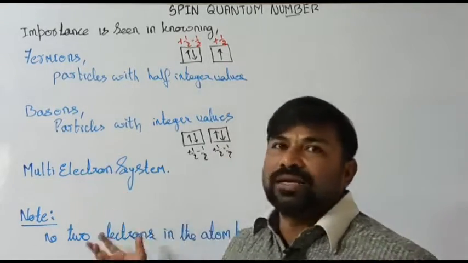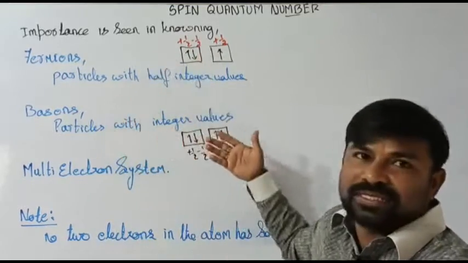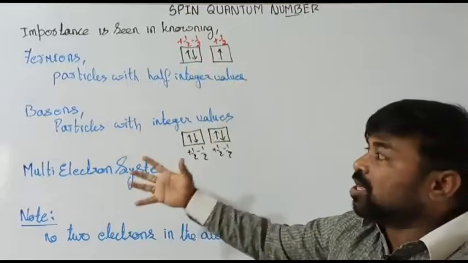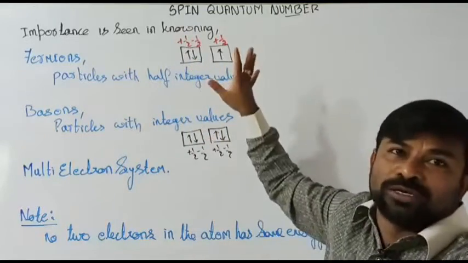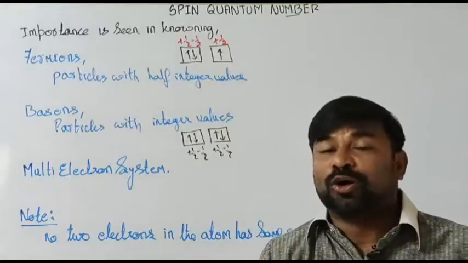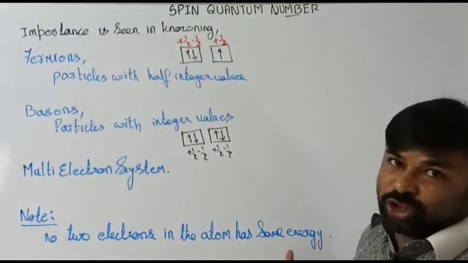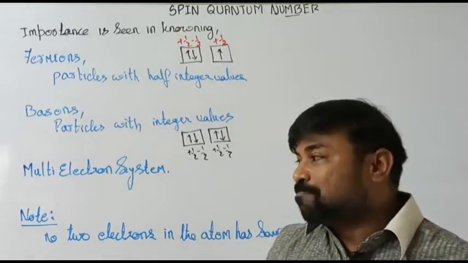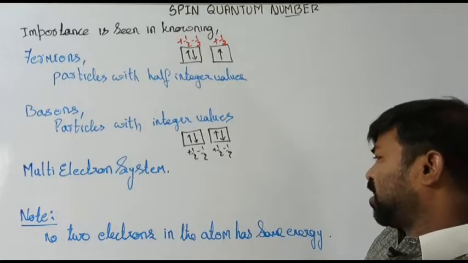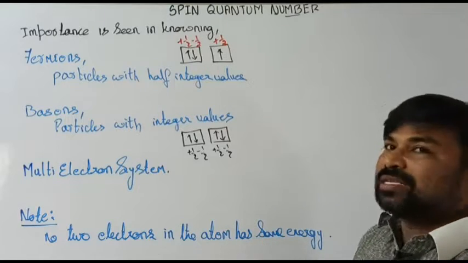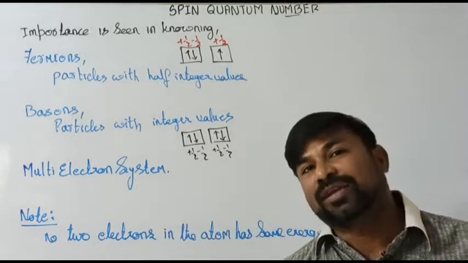Now, what is a multi-electron structure? It might be a boson or a fermion, but if it has many electrons, the spin quantum number will be helpful, because no two electrons in the entire atom will have the same energy. Based on the rule that no two electrons in an atom have the same energy, a multi-electron system can be figured out.